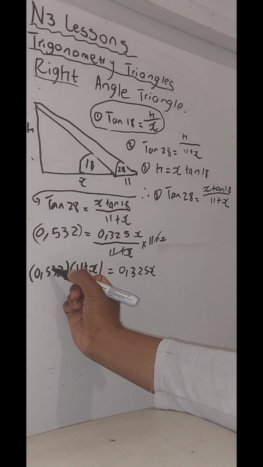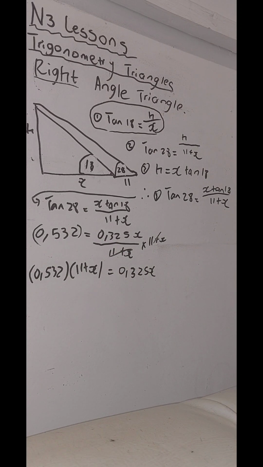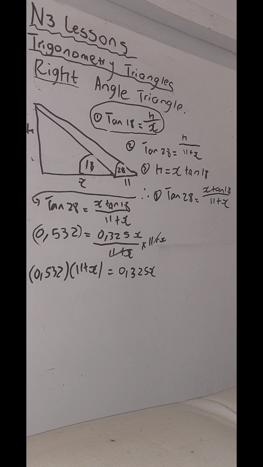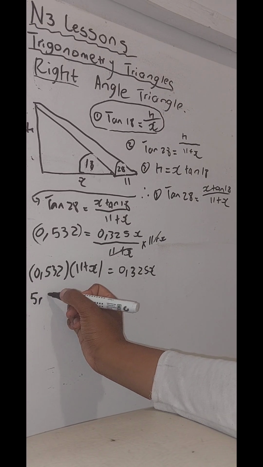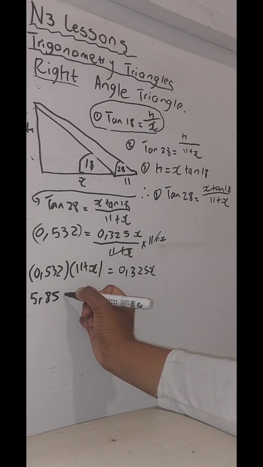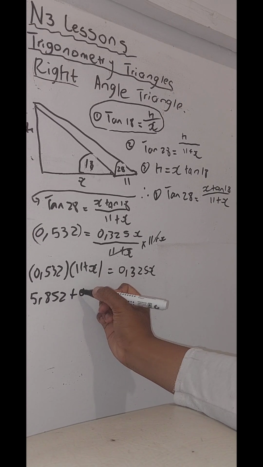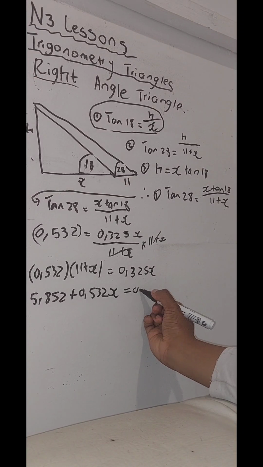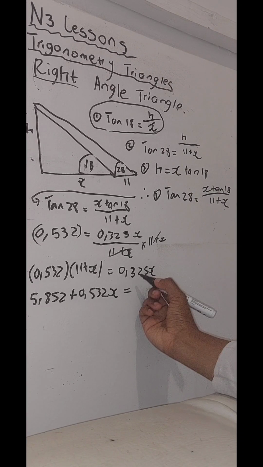Let's multiply 0.532 times 11, which is 5.852, plus 0.532 x, which is equal to 0.325 x.